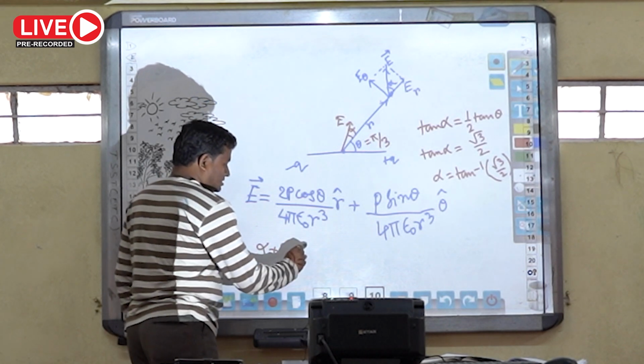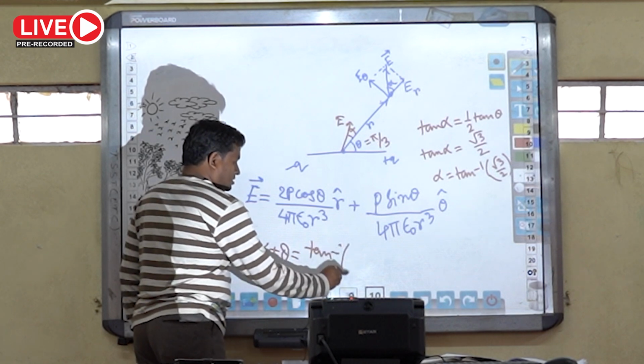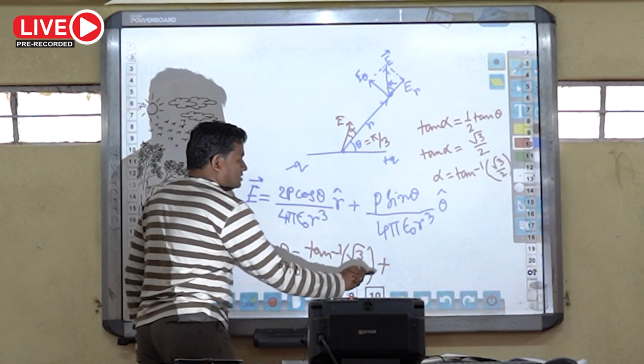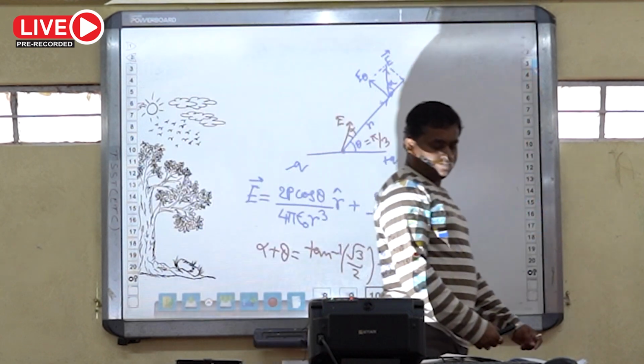So that is tan inverse root 3 by 2 plus pi by 3. This one is the answer.